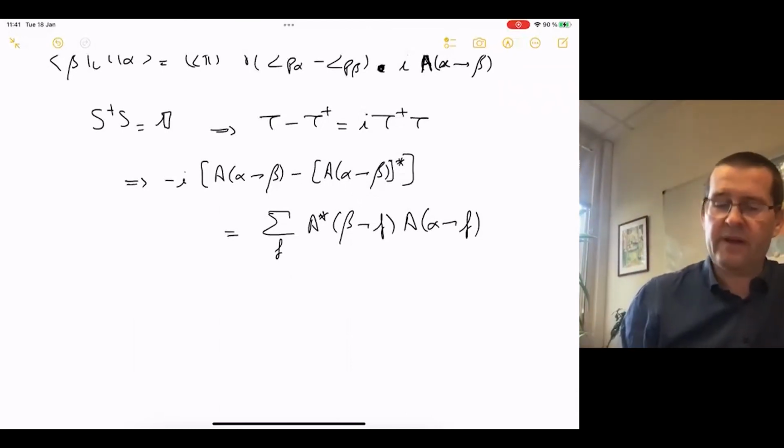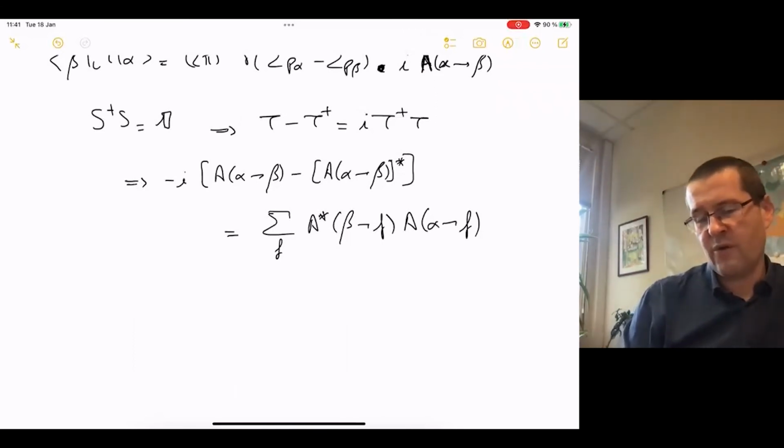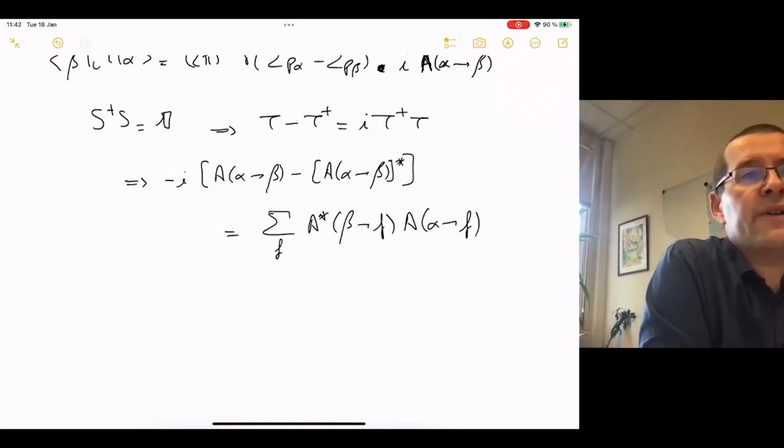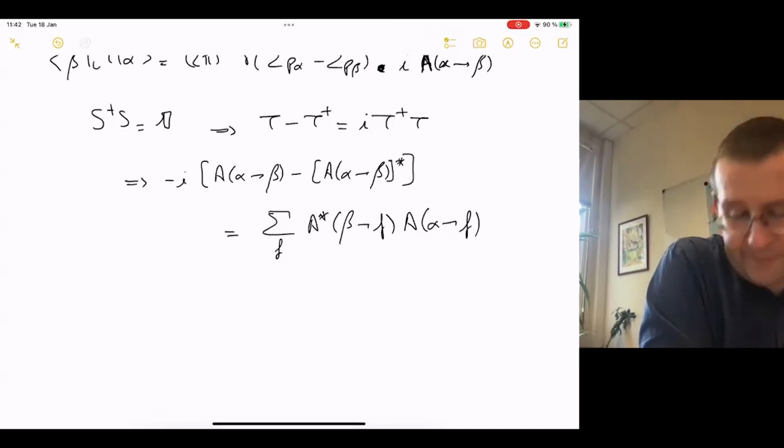So when you go from a state A to a state B, and then you look at the presence of an imaginary part, that's related to the possibility to go through a real state in between.